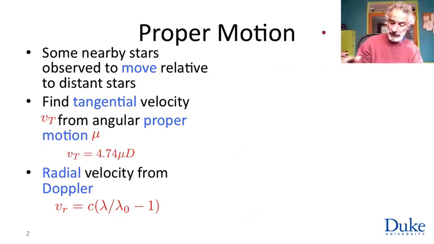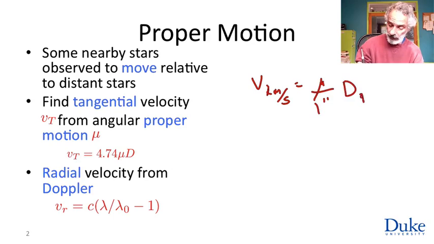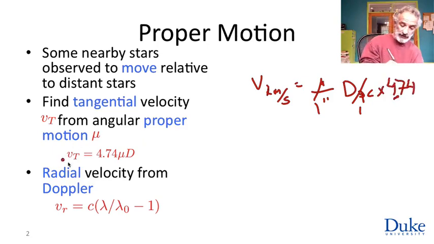And so in kilometers per second, one finds that v in kilometers per second is basically given by mu divided by 1 arc second times D in parsecs times a collection of conversion factors converting parsecs to kilometers and years to seconds. And the net result is that the conversion factor, you can do the algebra, is 4.74. So that's the meaning of this rather dimensionally confusing expression that we have here. This is how we measure a star's transverse velocity.